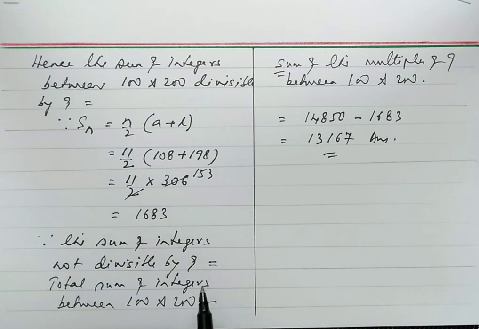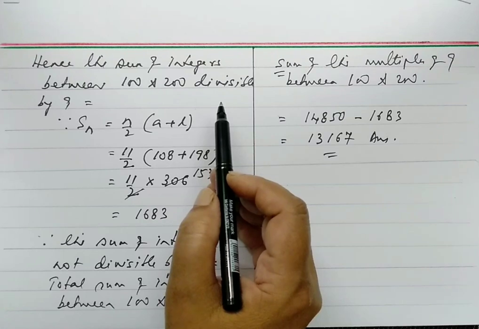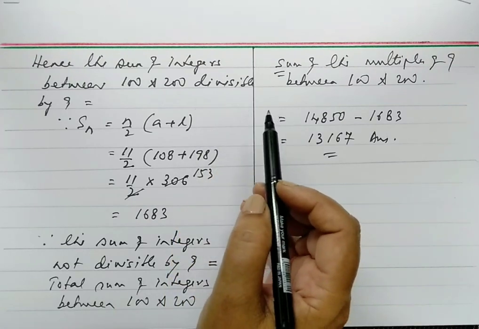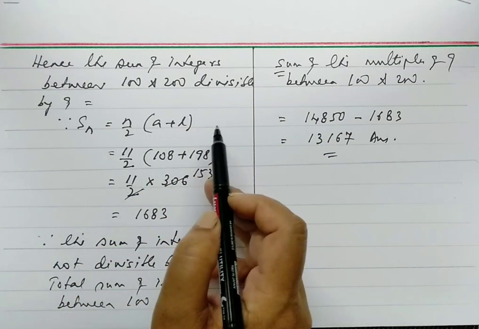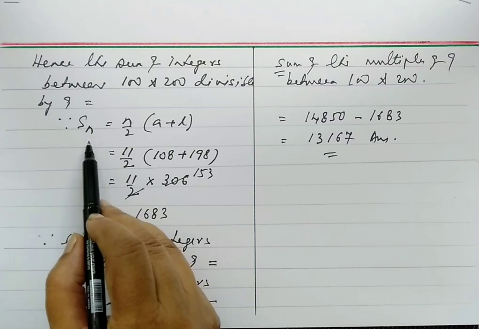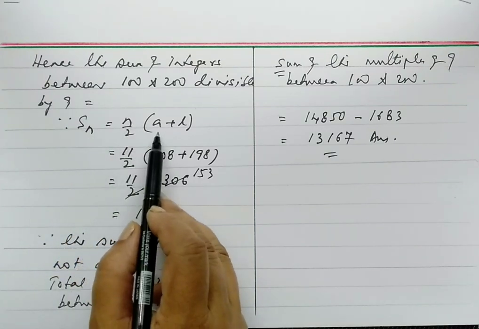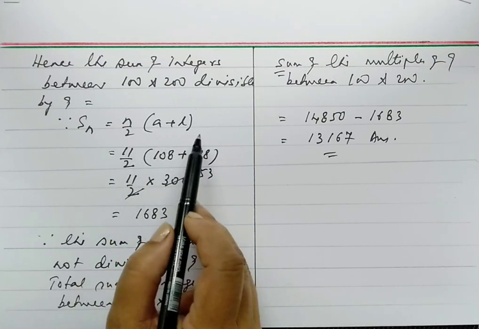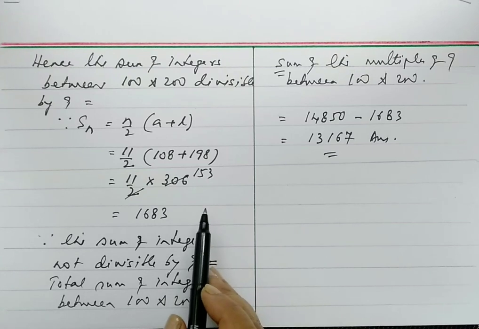Since we found that the number of terms of the multiples of 9 is 11, am I right? Now we'll use the general formula of AP for the sum. The sum of n terms will be n upon 2 into a plus L. There is another formula for this also, but we do not require it here.